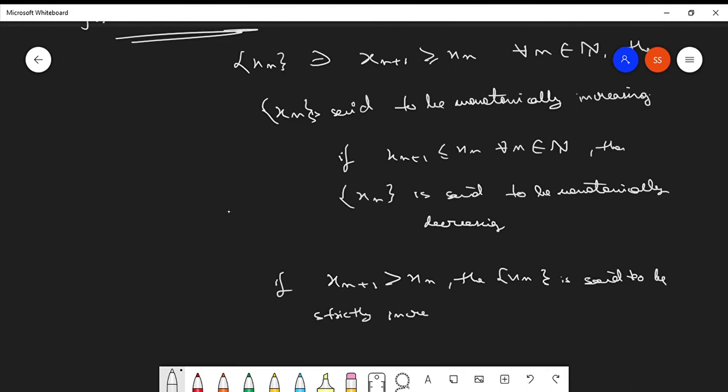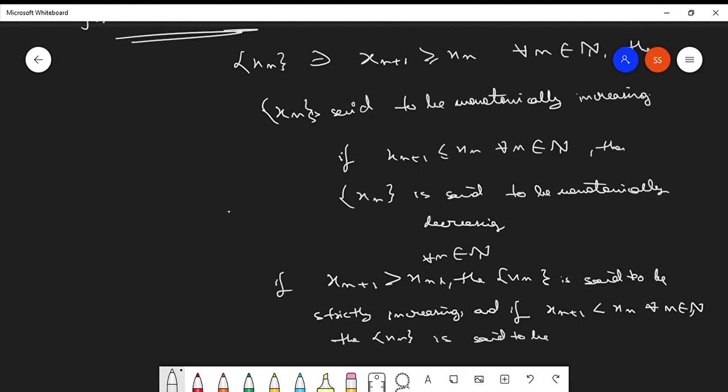And if xn plus 1 is less than xn for all n belonging to the set of naturals, then xn is said to be strictly decreasing. Got it? Clear? This much?